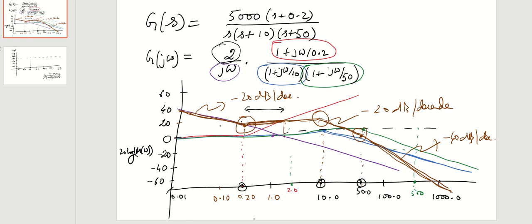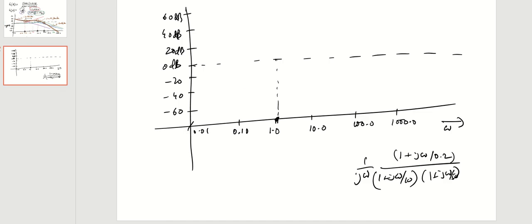And probably that might have confused some of you. So if you want to introduce corrections now, you will introduce a correction here, another correction here, and another correction here. Those are the corrections at the corner frequencies. But let's just leave it for now and focus on the asymptotic plot. As I said, for these first order terms or these integrators, you don't really need to perform those corrections. It's only for the second order term where you have that resonant peak MR. That's when the correction becomes more interesting and more significant too.